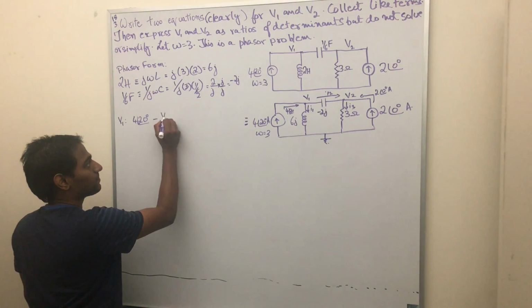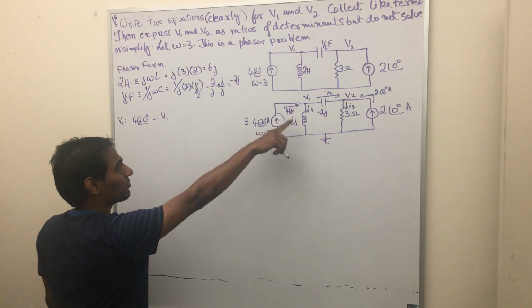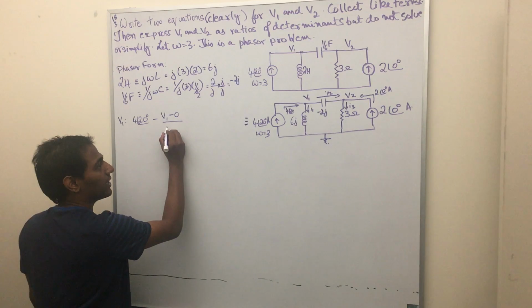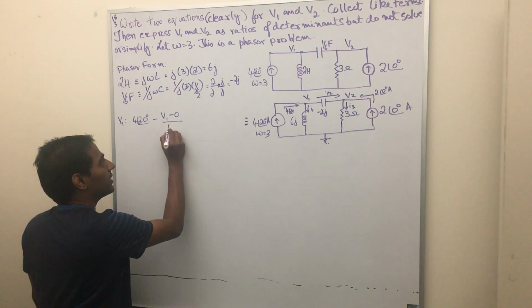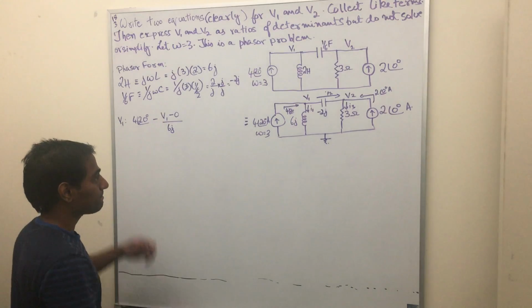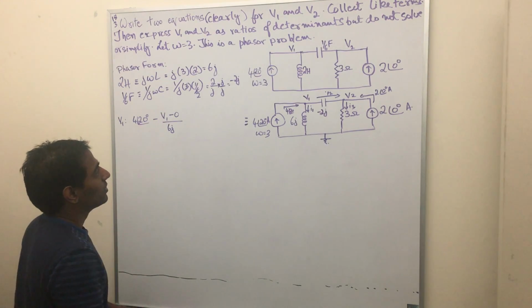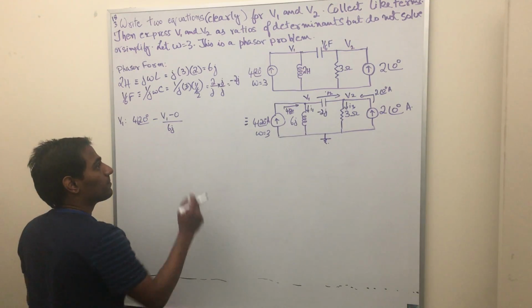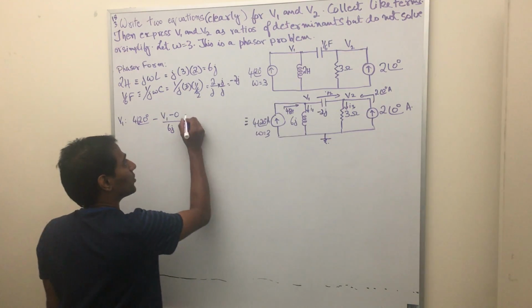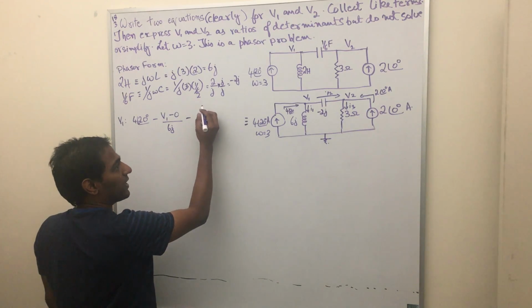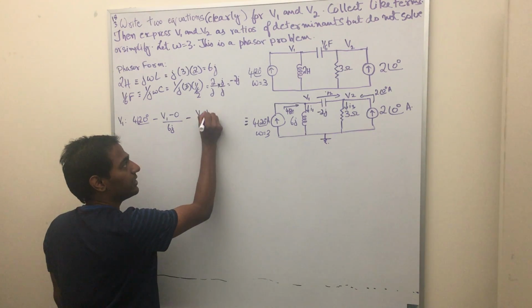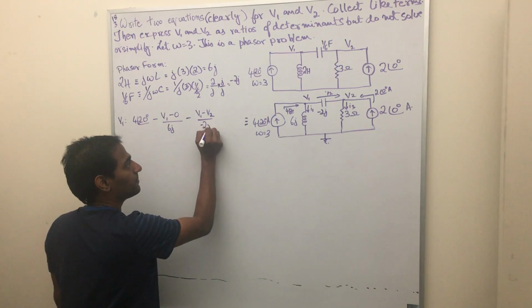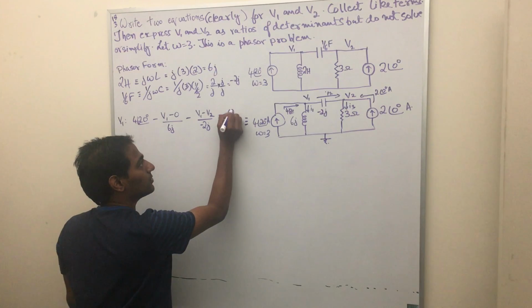So it's V1 divided by 6j, and current I2 flows away from node V1, so it's negative, and I2 from V1 to V2 is divided by minus 2j, and that should be equal to 0.